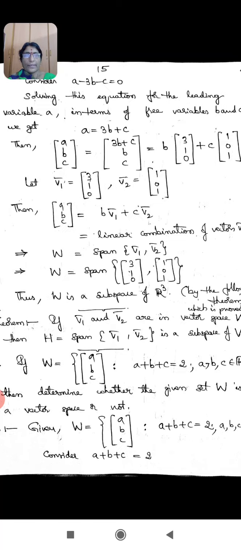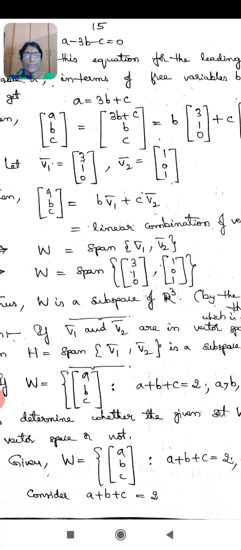By writing the above equation as a is equal to 3b plus c, we can say that b and c are free variables and a is a variable depending on b and c.